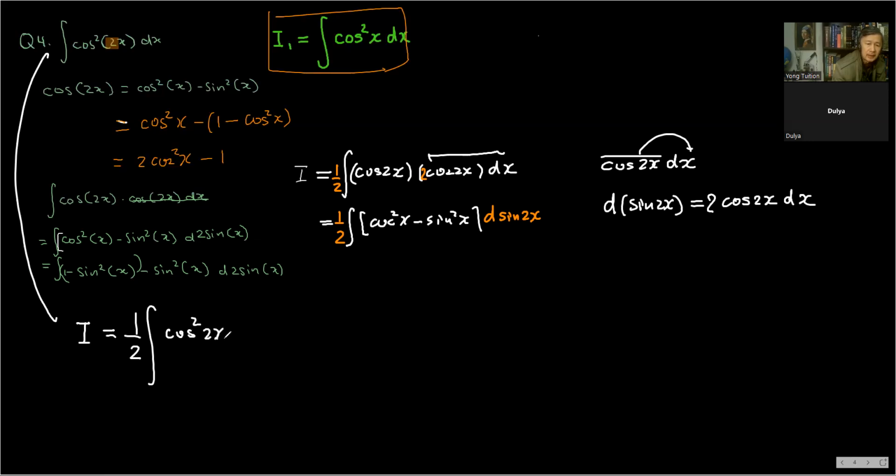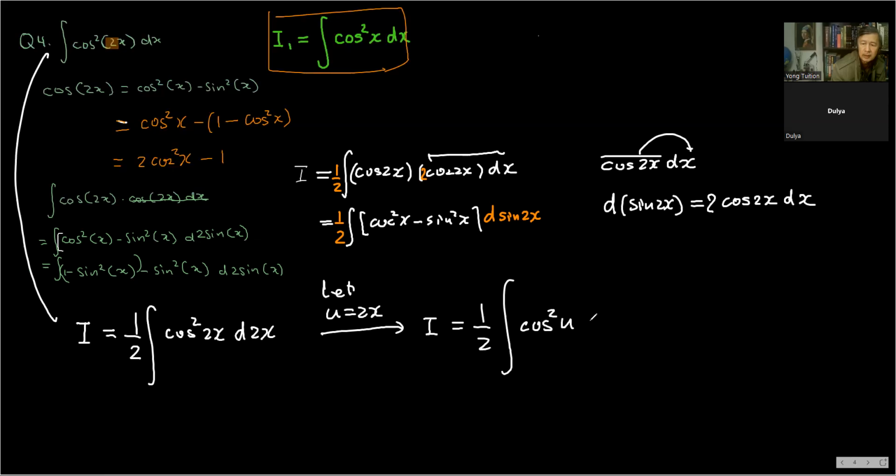So this is 2x, and then I put my 2 here. So in the first place, I rewrite this one. Then we let u equal to 2x. So therefore, the integral will become half, that is cosine square u and du.